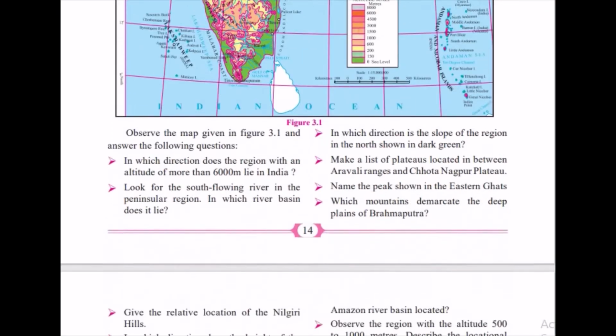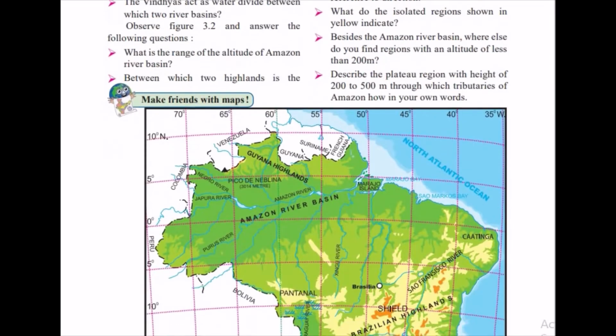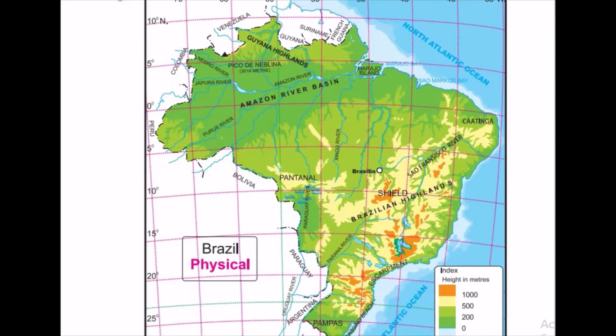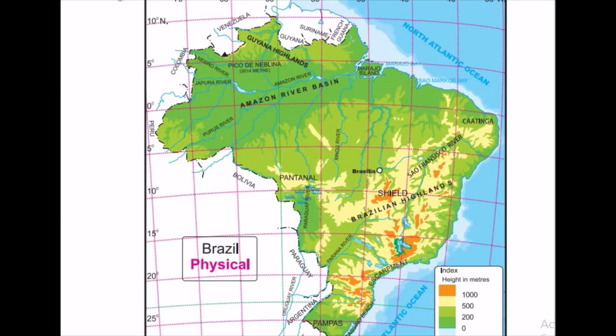Now my dear students, I would also request you to look at this map of Brazil, physical. Here too, you will find there are some lines moving here and there. Some highlands can be seen.